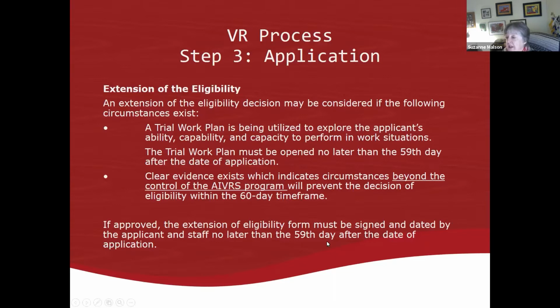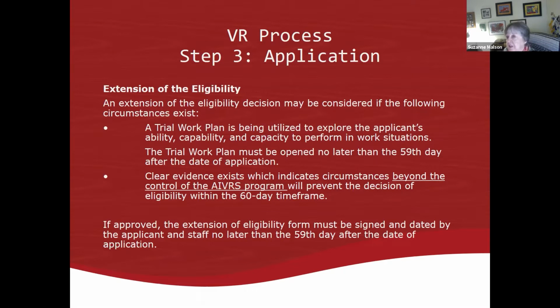So we're looking at a trial work experience, right? And this is for somebody that we are having difficulty in determining if they are capable of achieving an employment outcome. And is the work that they are choosing suitable for them? The trial work must be open no later than the 59th day, and that is because on the 60th day we need to be saying that somebody is eligible for services.